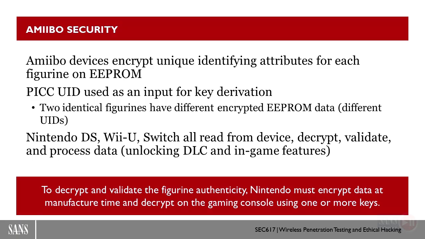It used the UID as input for any of the key derivation for the encryption. So if you read 2 different figures that were identical, 2 Squidoos that had different unique identifiers, UIDs, the data was different because it was encrypted using that unique identifier. They encrypted them all in the factory, set the one-time programming bits so that they couldn't be rewritten. So each set of data was unique.